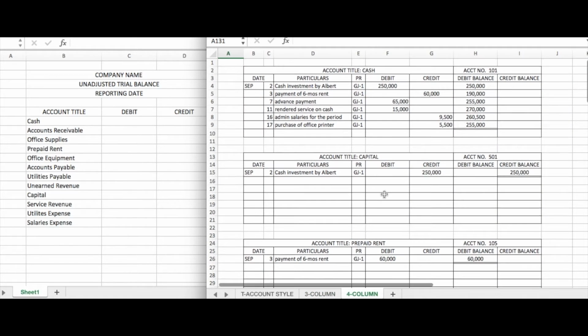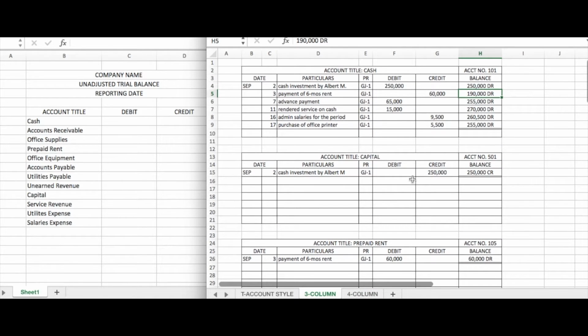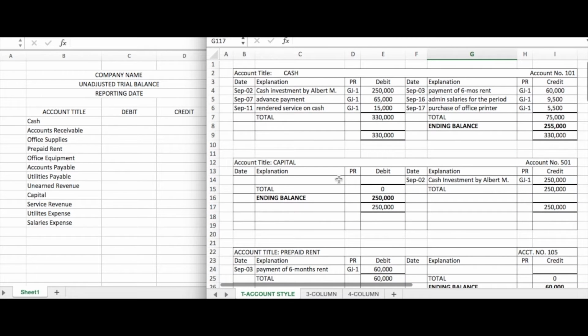Same with the four column. So if your teacher will not require any format, what is easiest is the three column, for as long as you write here the debit or credit, so that you will not be confused.